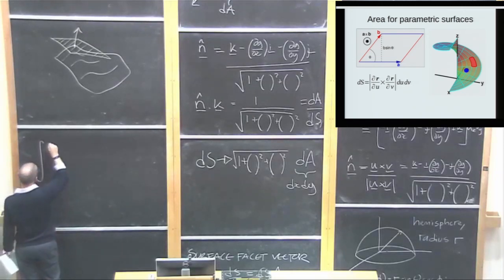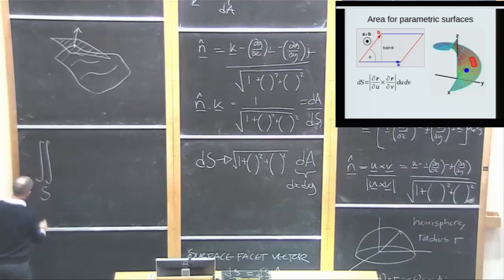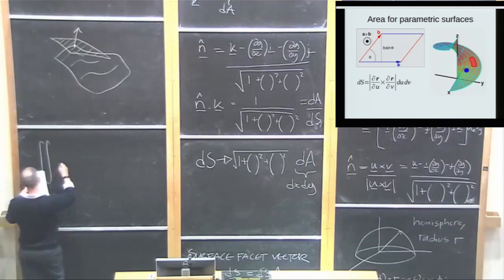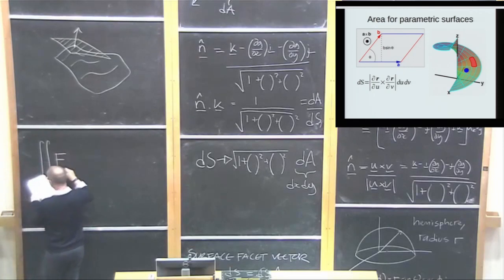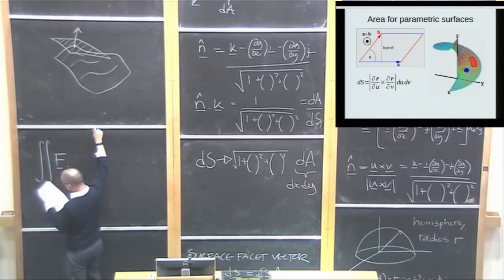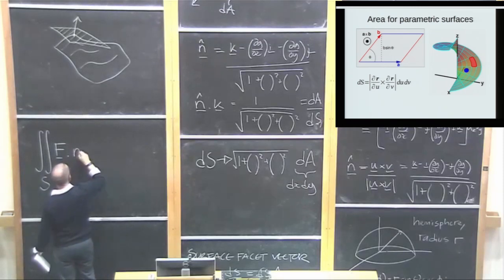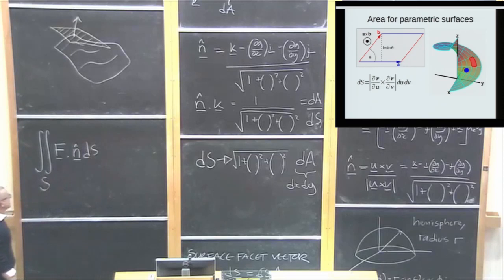For a typical surface integral, you will have the question that describes some surface S. It's an integral in 2 dimensions of some vector field dotted with n dS, which is our vector area. That's how you frame your initial problem.